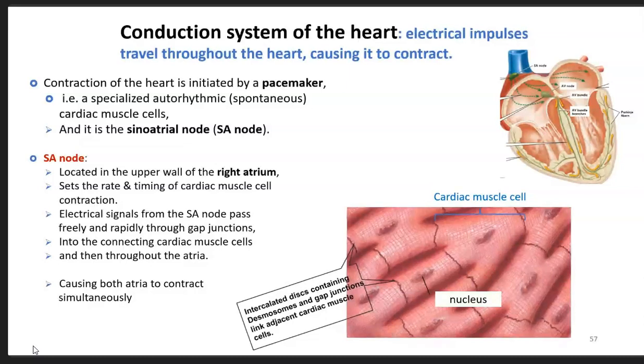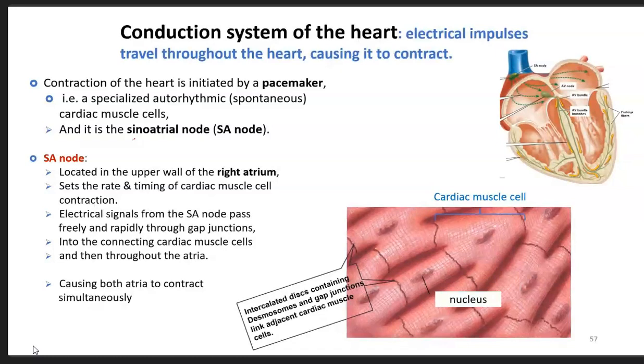This electrical impulse will travel through the cardiac muscle, causing it to contract and then relax. Contraction of the heart is initiated by the pacemaker, a specialized autorhythmic tissue, which is spontaneous, in the cardiac muscle cells.